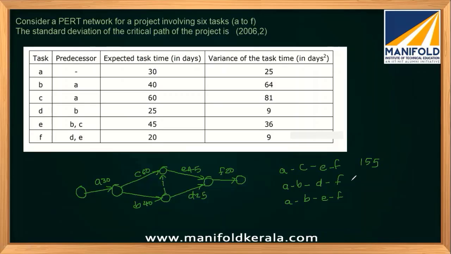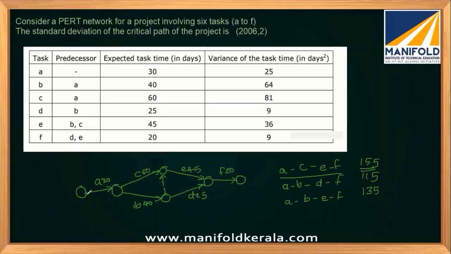Then 30 plus 40, 70, plus 25, plus 20, 115. And 30 plus 40, 70, 115, 135. So the highest is 155. This is our critical path.